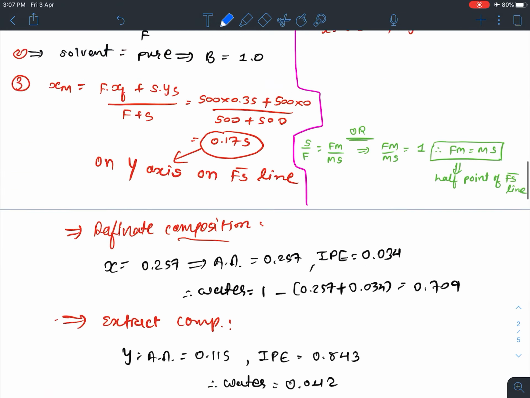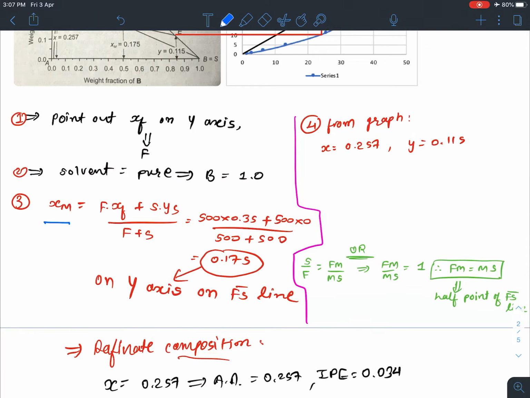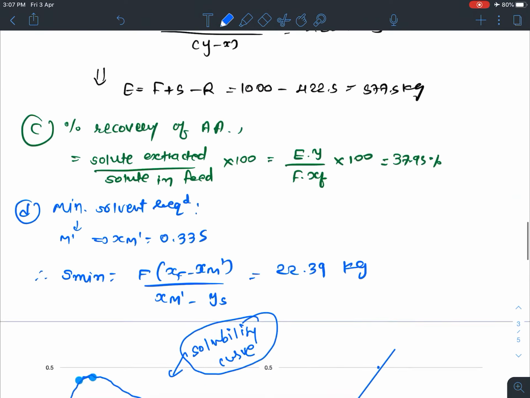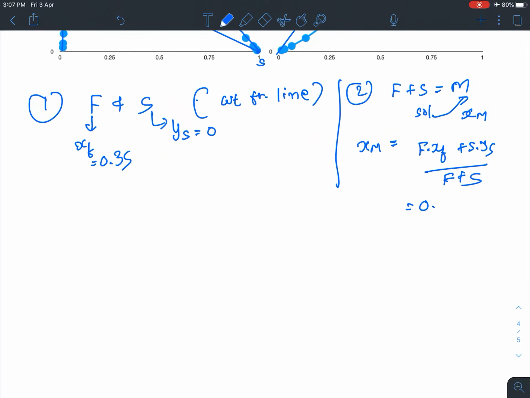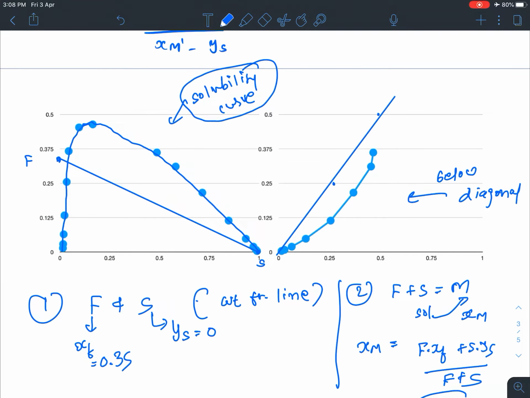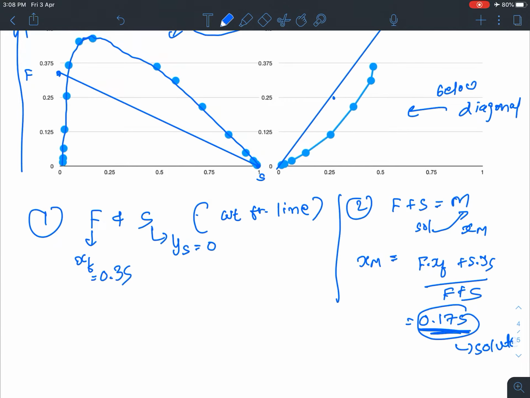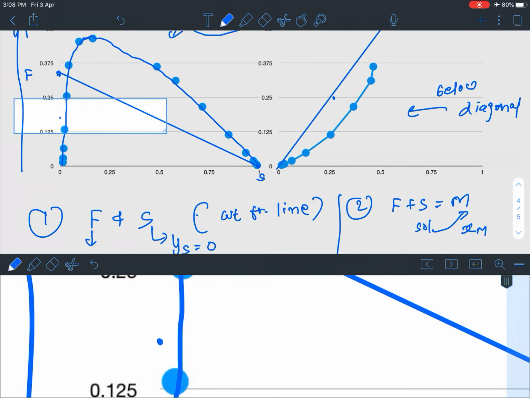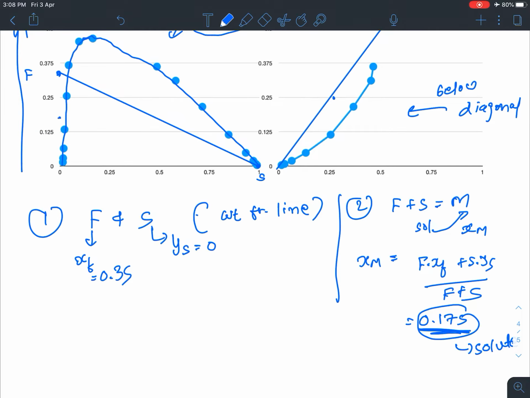Based on that calculation we are getting xm as 0.175. This is the amount of solute, which is available on the y-axis, so we have to find this 0.175 somewhere over here. Let us assume that it is over here. This is the point, and we know that the M point will be only on this FS line.